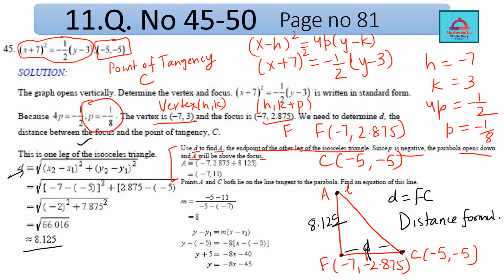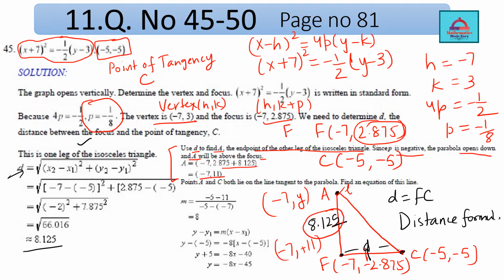That means this point would have the same x coordinate, minus 7, but the y coordinate would change. How much will the y coordinate be? It will be 8.125 plus the focus point 2.875. When you add that, it comes out to be 11. So negative 7 comma 11 is the coordinate of point A.